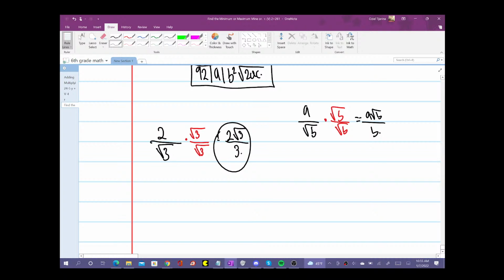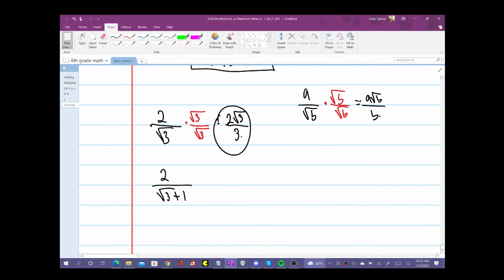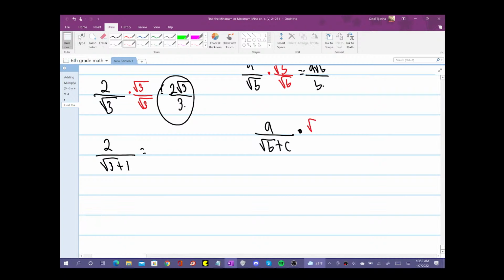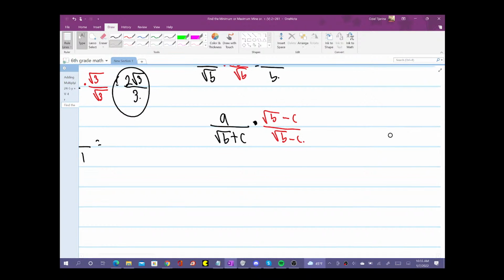If they give you something like this, so again, if they give you a over square root of b plus c, you have to multiply by the conjugate, which is going to be square root of b minus c over square root of b minus c, which then you have to do the FOIL method.